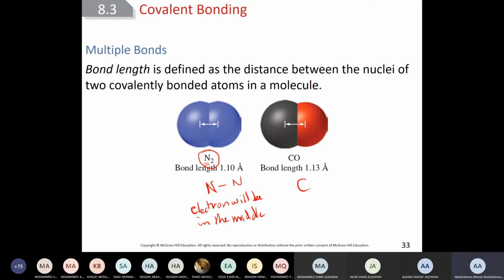But when we have C and O, then they will not be exactly in the middle. They will be going toward one of these two elements.